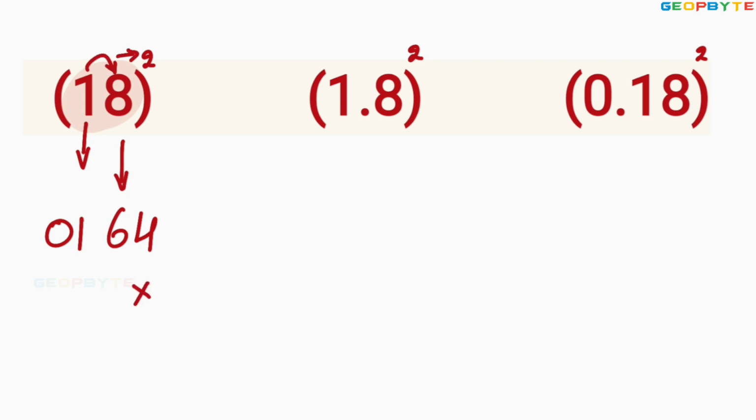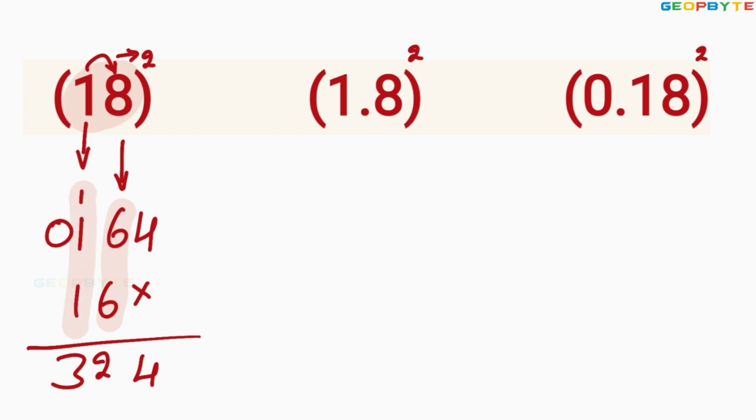You leave the unit place, write the 16, add them for getting the answer. 4, 6 plus 6, 12. Write 1 here, 2. Then 1 plus 1 plus 1, how much? 3. 324 is the value of 18 square.